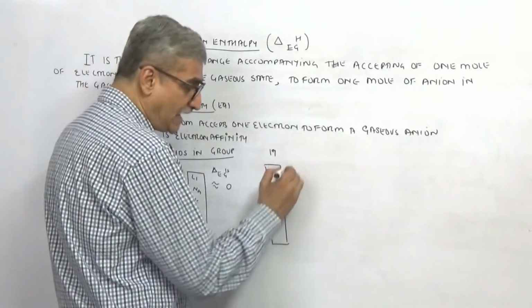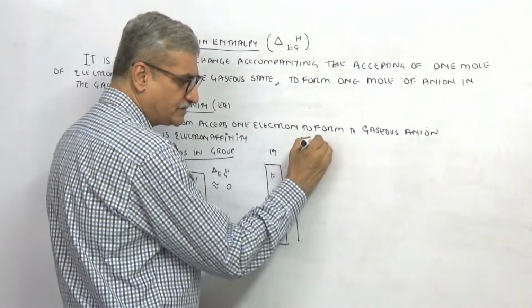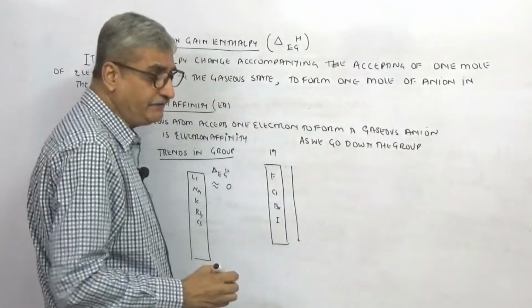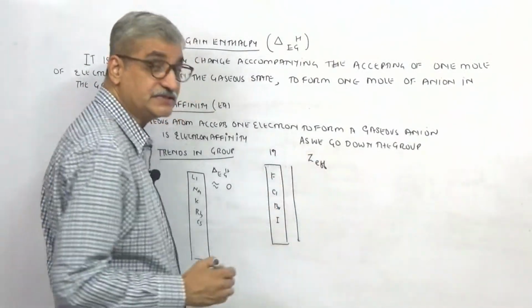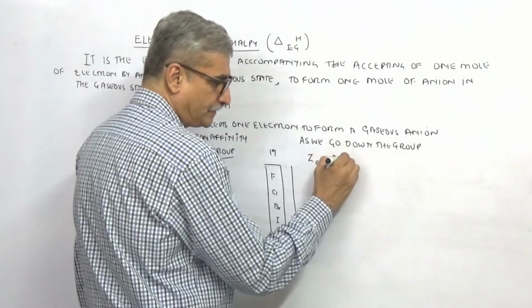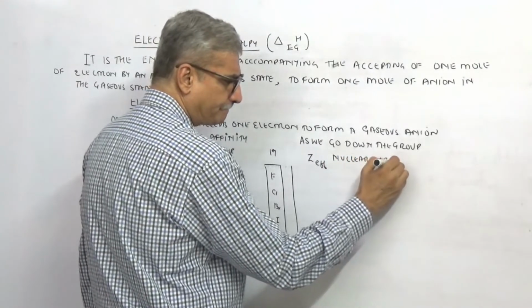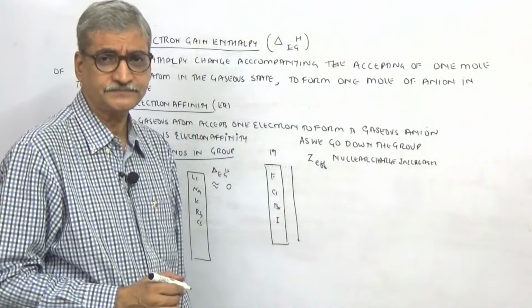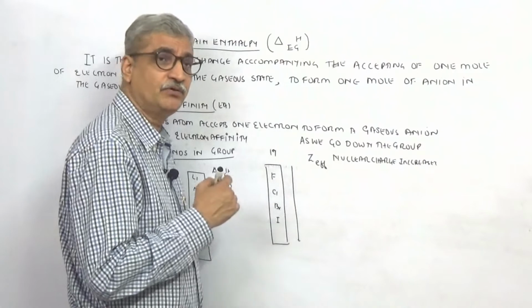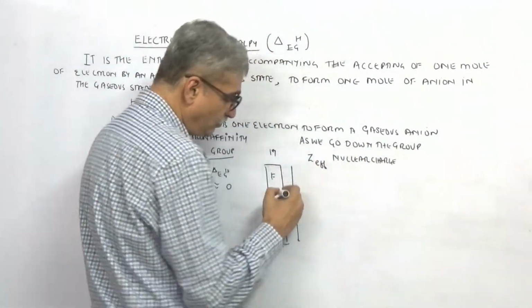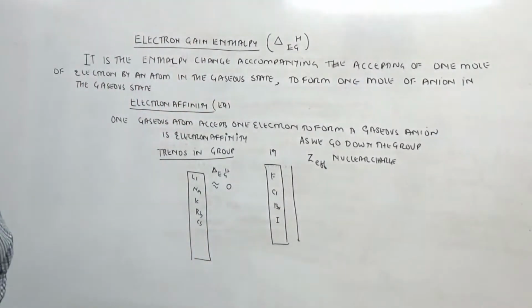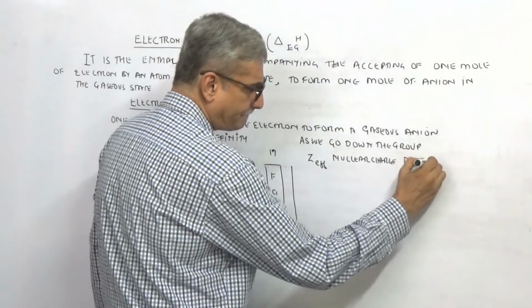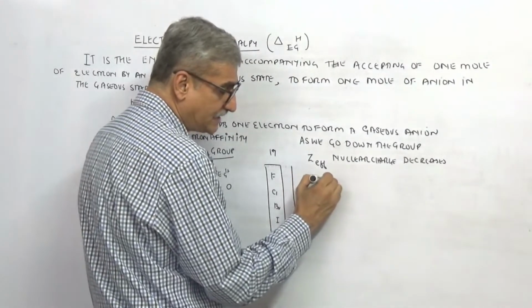As we go down the group, you will agree with me that effective nuclear charge decreases, and atomic size increases.